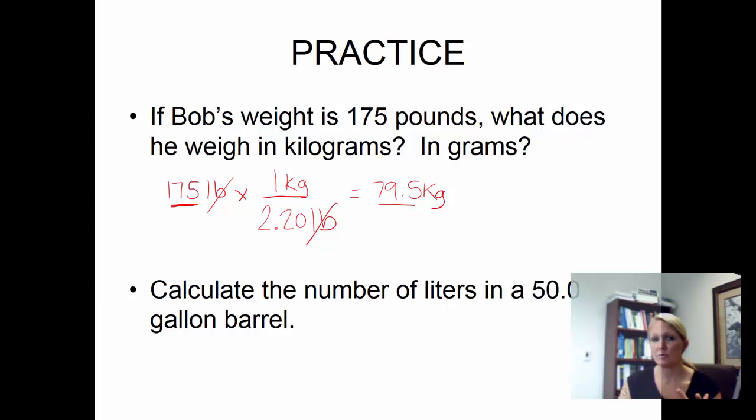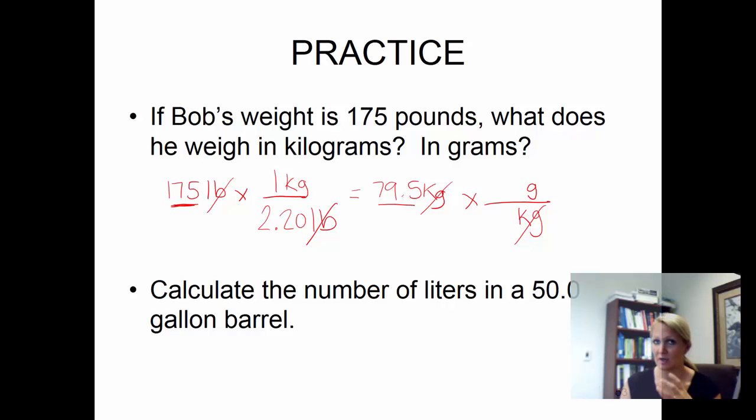All right, I could do 2 things to get grams. I could just keep going from here. This is where you have to know your metric prefixes. So kilogram, gram's my base unit. I know that has to go here because these are going to have to cancel to leave me grams. So there are 1,000 grams in 1 kilogram.